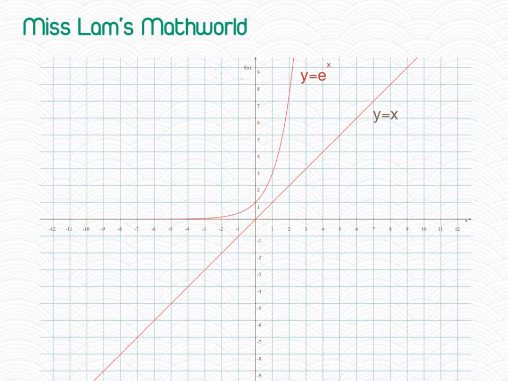By reflecting, we get the graph of y equals log x. At the beginning it is quite close to the y-axis, and then it crosses the axis of symmetry and goes the other way around. So it becomes y equals log x.